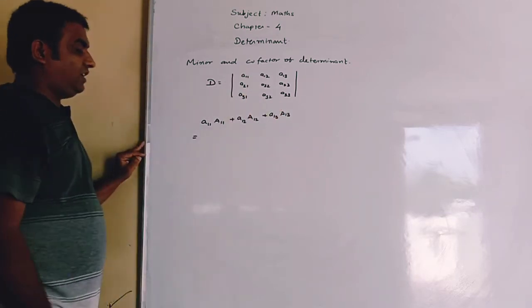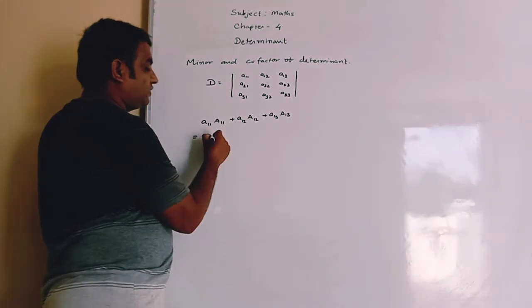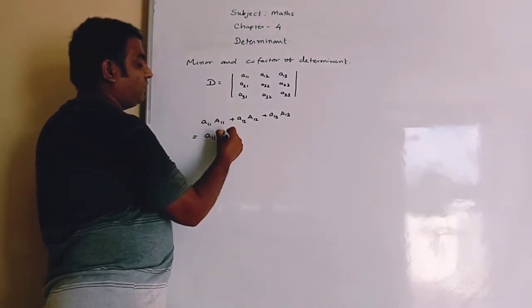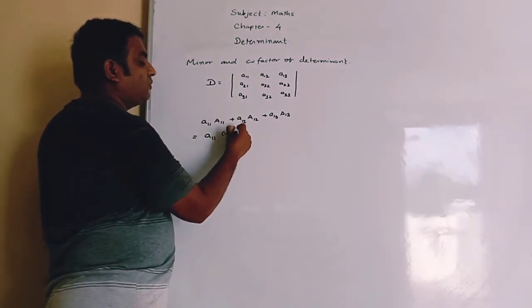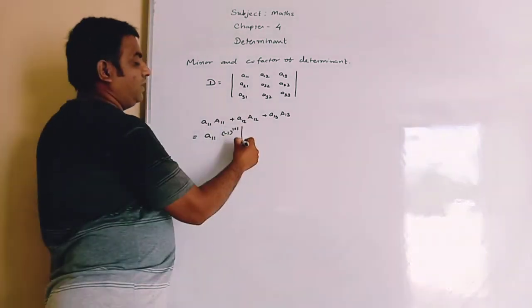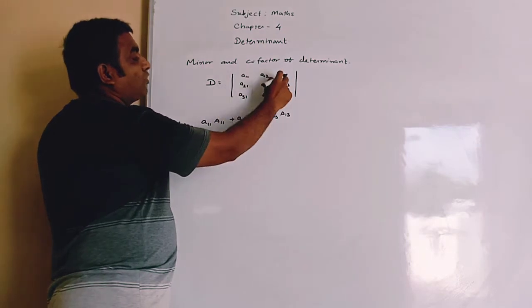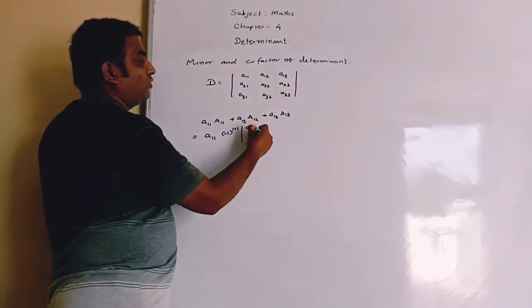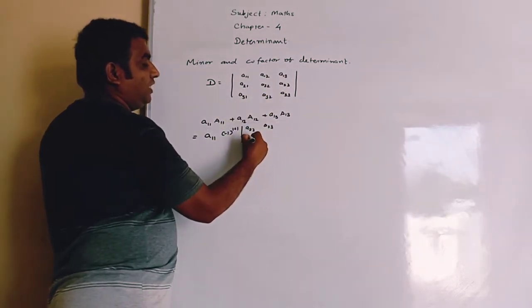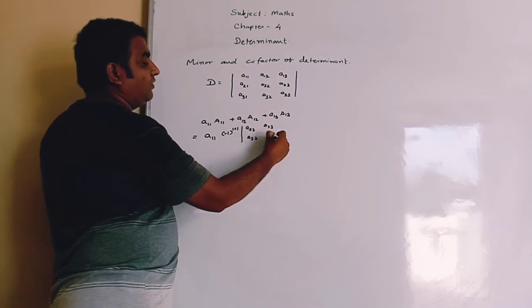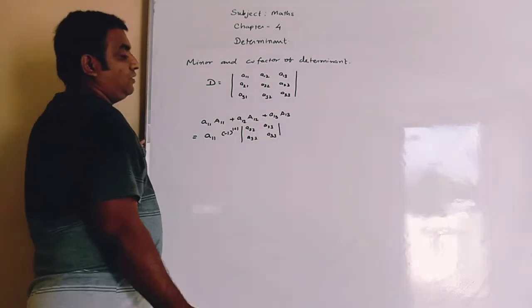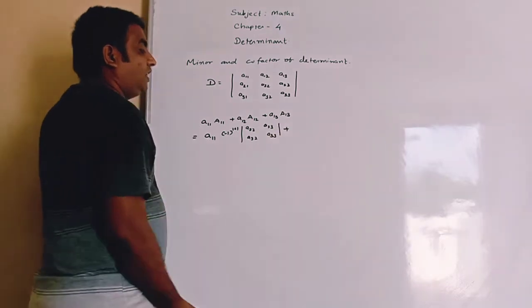So let me see. For A11, that is minus 1 raised to 1 plus 1, and containing row and column of a11 we remove, then we get a22, a23, a32, a33, plus a12.